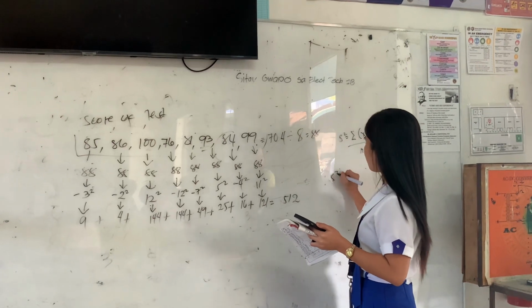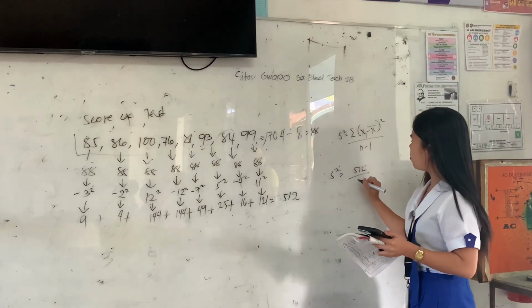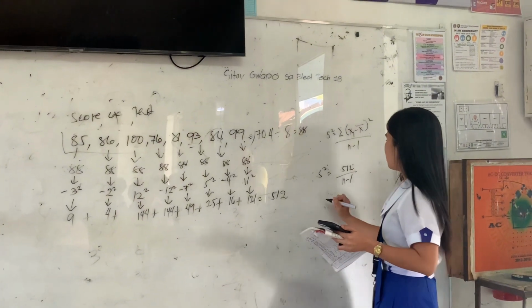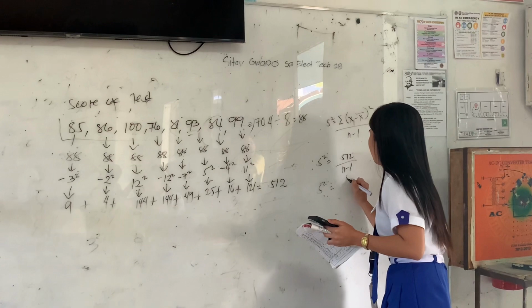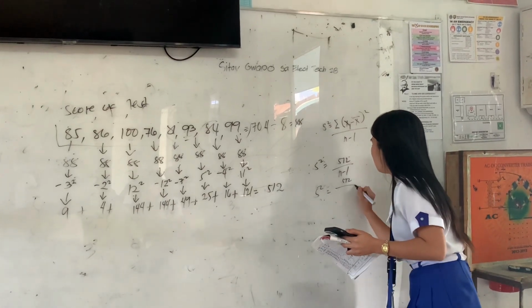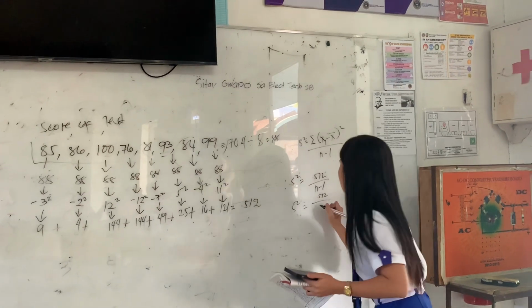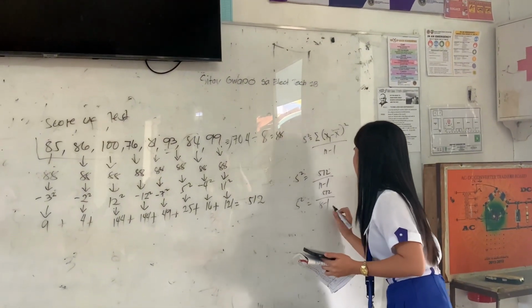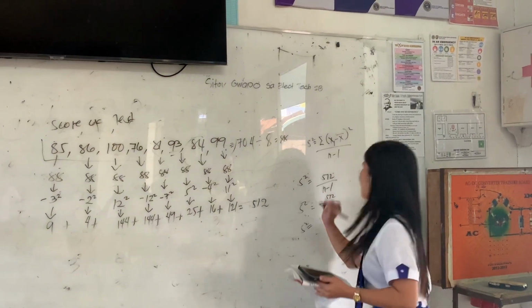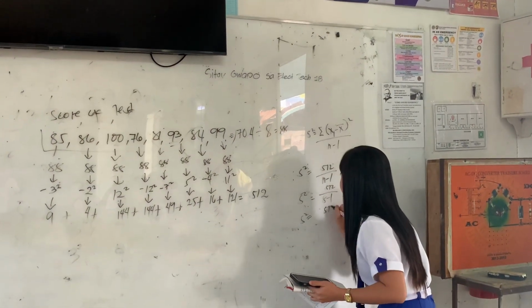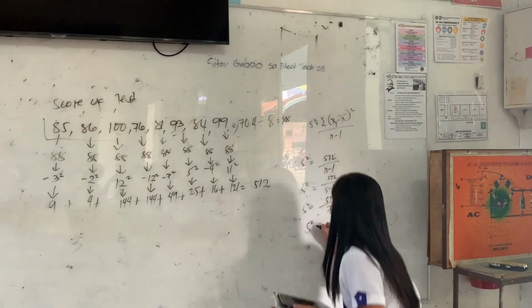So s squared is equal to 512 over n, the number of our data, 8 minus 1. S squared equals 512 divided by 7.